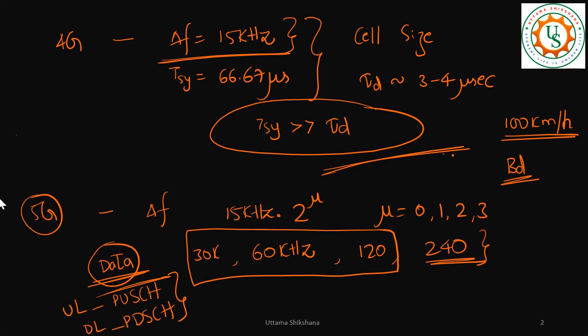Let's say, for example, I consider 30 kilohertz. What is going to happen to my symbol duration? It will become approximately 35 microseconds, but tau d is approximately 3 to 4 microseconds.